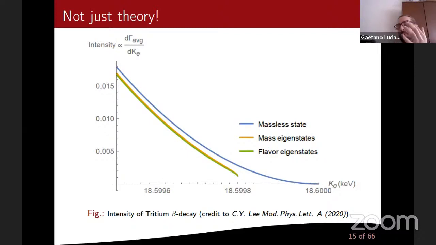We know that neutrinos are highly relativistic, so it's not easy to address this dichotomy from the experimental point of view, but maybe there is some hope with non-relativistic neutrinos from the cosmic neutrino background. And recent experiments, such as PTOLEMY and so on, are going to study this cosmic neutrino background. So maybe there is some hope to see this difference between the flavor and mass states for the spectrum of these specific neutrinos. But again, for the moment, we don't have any experimental support.